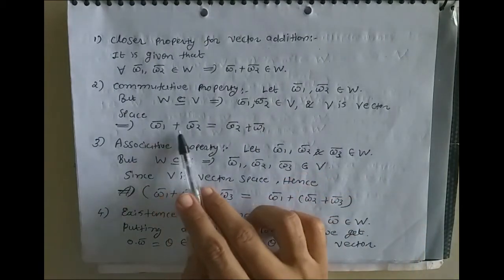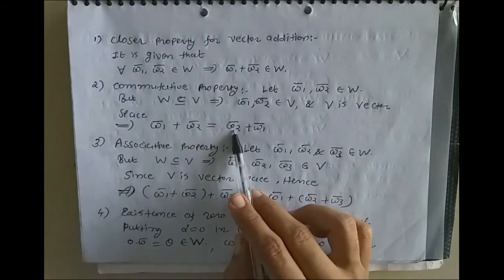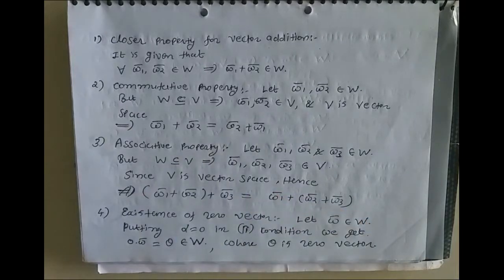So W1 bar plus W2 bar is equal to W2 bar plus W1 bar. So the commutative property is satisfied.